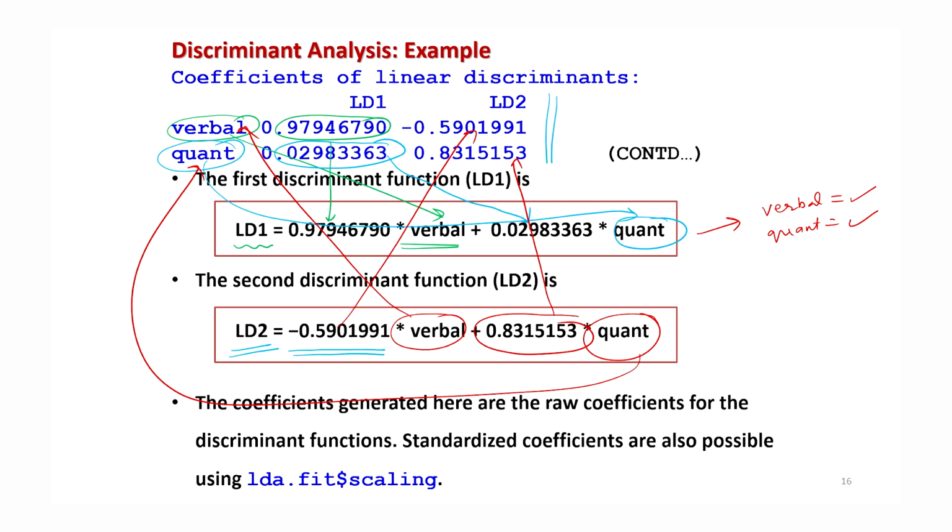One thing you have to notice is that the coefficients obtained here are the raw coefficients, which means they have been obtained using the raw data. If you use the standardized data, then you can obtain the standardized coefficients in R also, and for that the command will be LDA.fit, whatever your outcome is, dollar scaling.